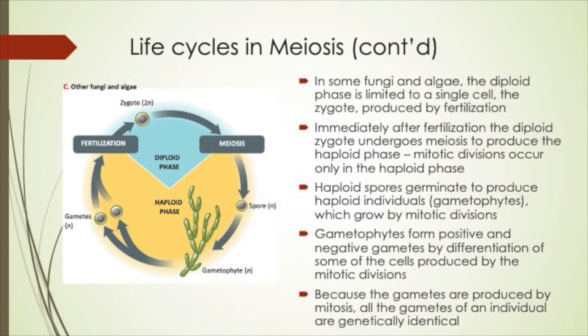Life cycles in meiosis, kind of part 3. In some fungi and algae, the diploid phase is limited to a single cell. So this is kind of what I was talking about before. This is where the diploid phase is kind of reduced. The haploid phase is more dominant here. So the zygote is produced by fertilization.